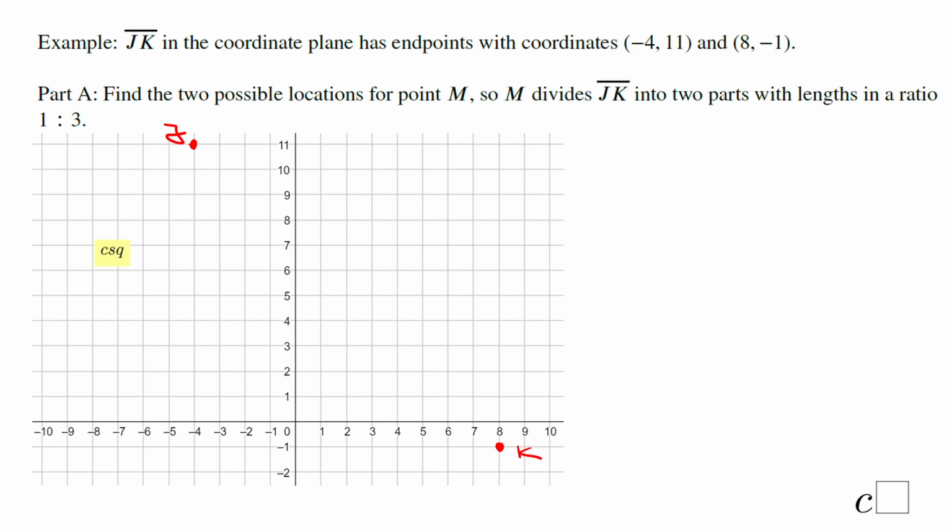So divide JK into 2 parts with lengths in a ratio of 1 to 3. So again, 1, 2, 3, right? How many segments are we going to have?